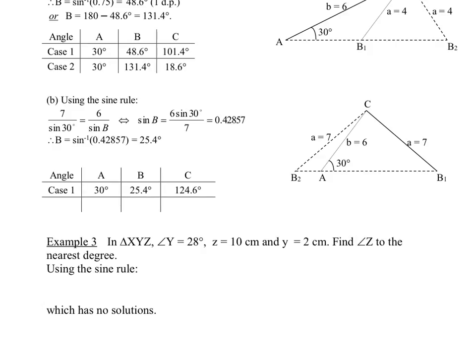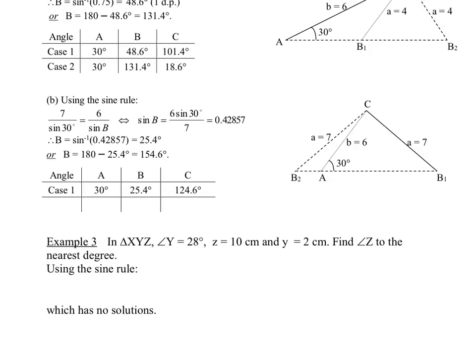Now, if we apply the same logic as we did to the previous question, then if B is equal to 25.4 degrees, you would assume that you would be able to do 180 minus 25.4 and get another possible value for B, which would be 154.6.